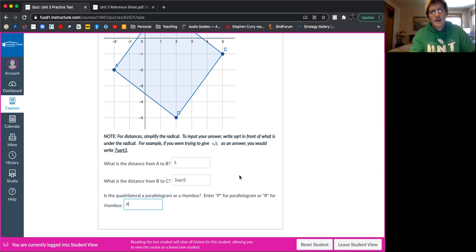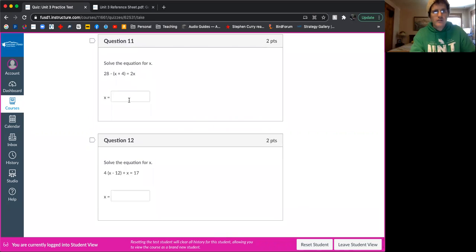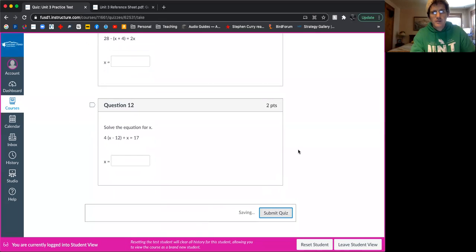I do want you to plug your answers in the right way, but I will be looking over your tests. So if you made a mistake, I'll look over it and make sure it wasn't just a typo. Ideally you put your answers in correctly. It counts it for you and you're all good to go. You'll have a couple of equations to solve down here, and you'll just need to plug in what you get for x. And I will submit the quiz.